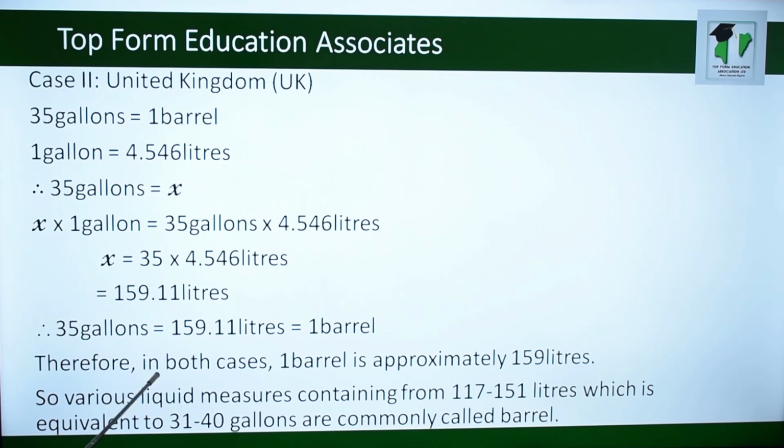So we have it here that in both cases, 1 barrel is approximately 159 liters. Various liquid measures containing from 117 to 151 liters, which is equivalent to 31 to 40 gallons, are commonly called barrel. Is that okay?